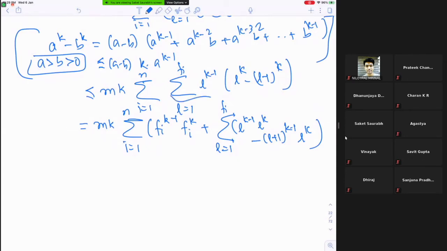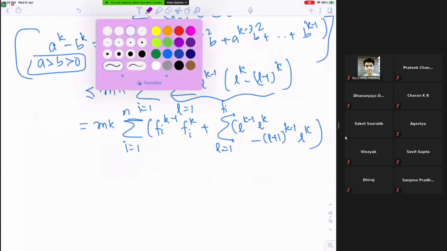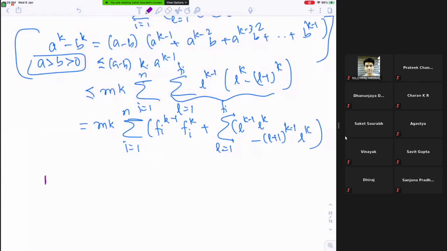If you expand this term, what are you going to get? This L to the power k minus 1 is going to multiply to both. So first, let's use some different color just to understand this. I'm going to write 1^{k-1} times 1^k. Next, 1^{k-1} times 0 to the power k. Agreed? Next, L gets incremented by one, so it is 2.